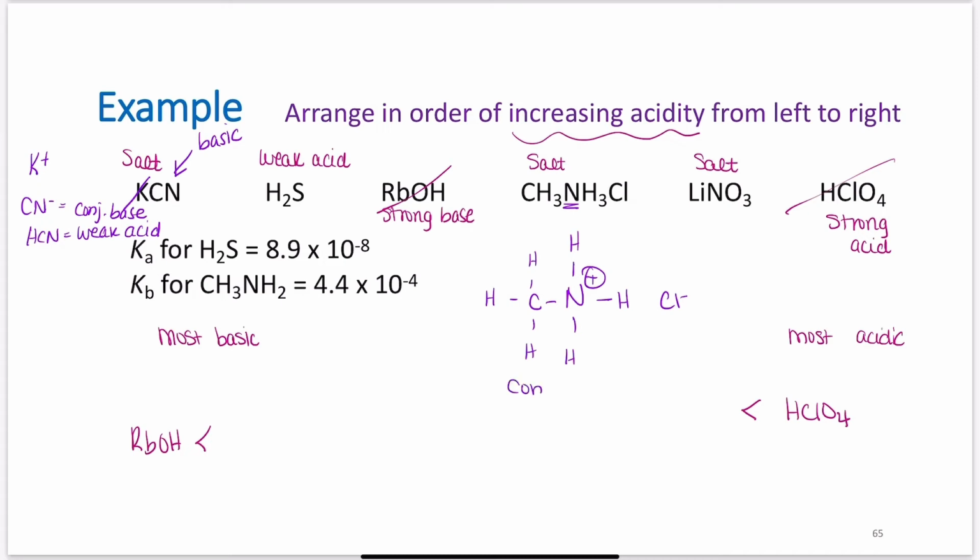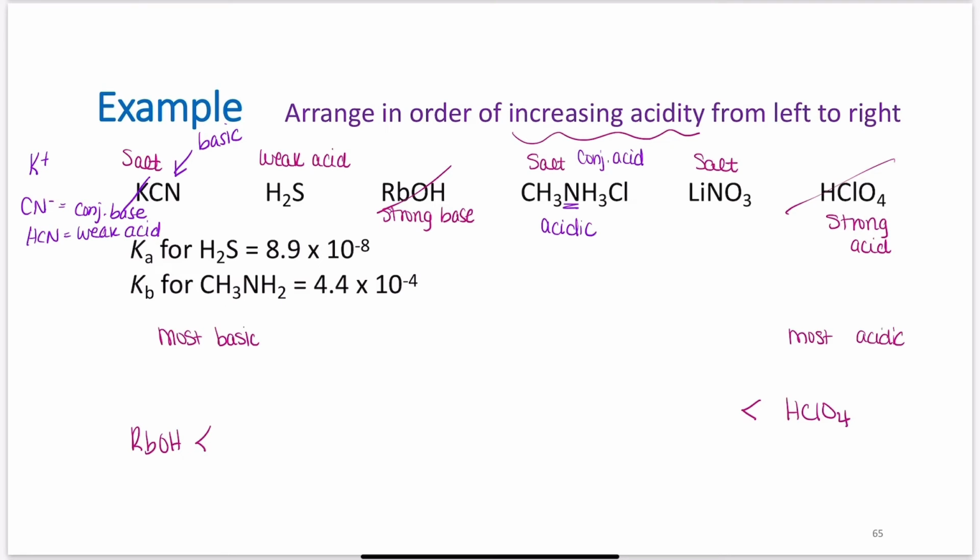This is a conjugate acid of a weak base. It's a conjugate acid specifically of methylamine, this weak base. But it is a conjugate acid, which means it will act as an acid in solution. So this will be acidic.